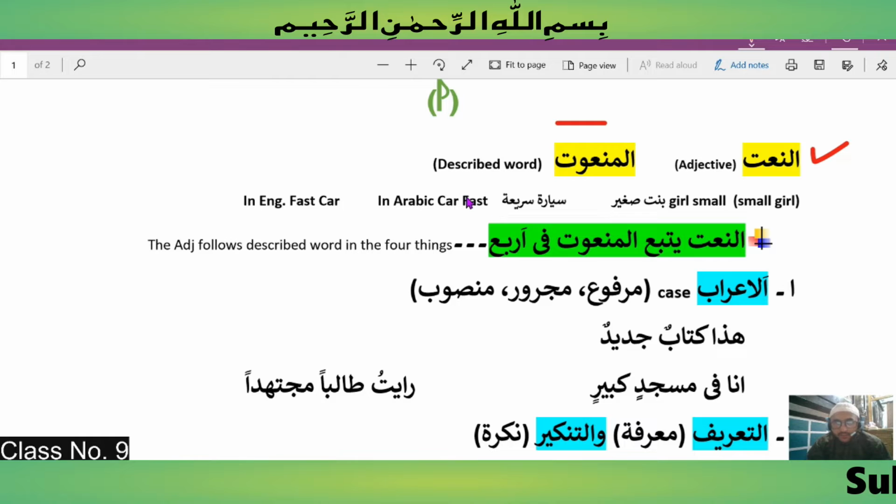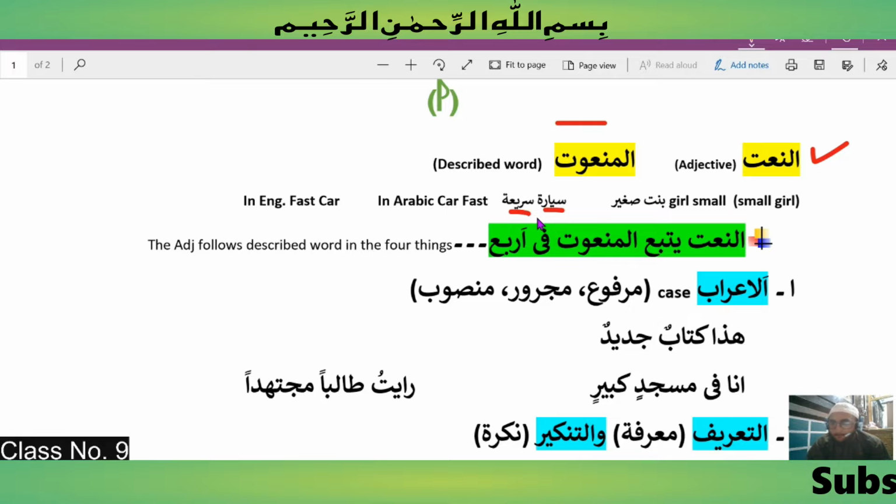Just like in English we can say fast car, but in Arabic, according to the word order, we can say car fast. Like here, سيارة is a car, سريعة is fast.